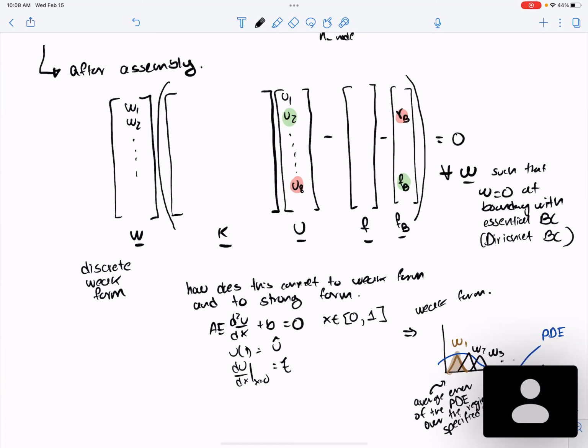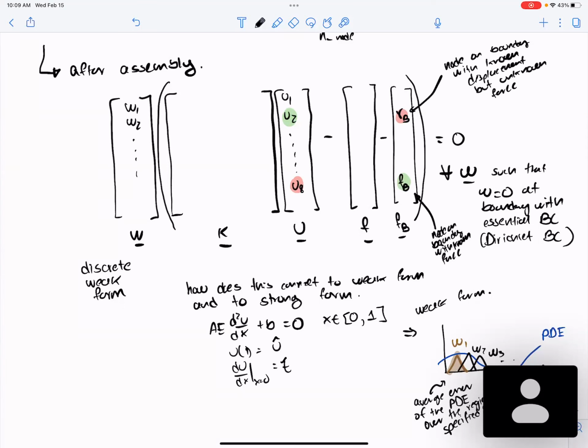So this is where the boundary conditions come into play. So this is one node on the boundary with known force, I just added. But there's one node on the boundary with known displacement, but unknown force.